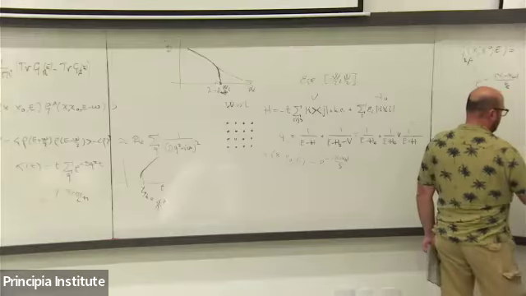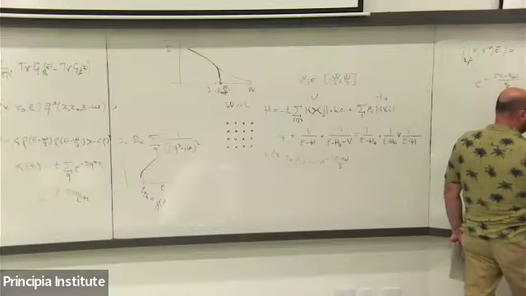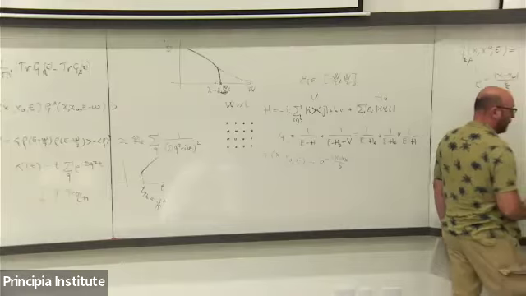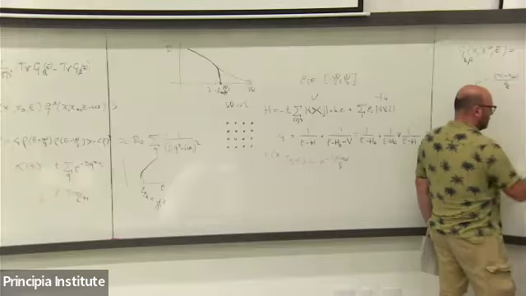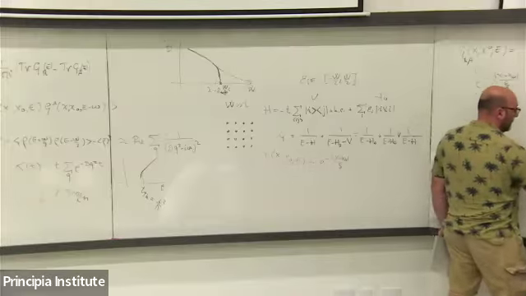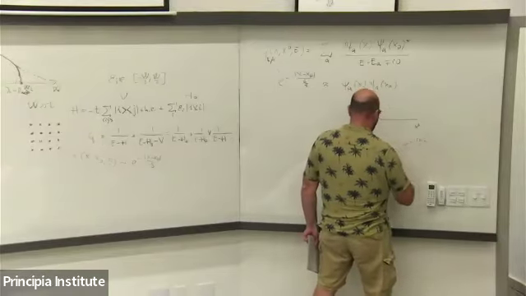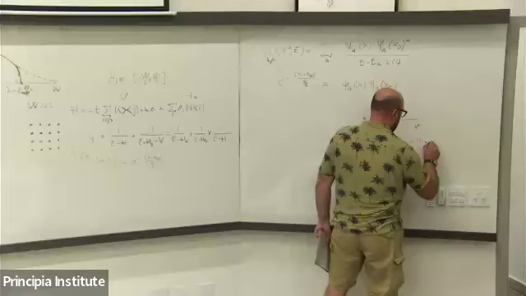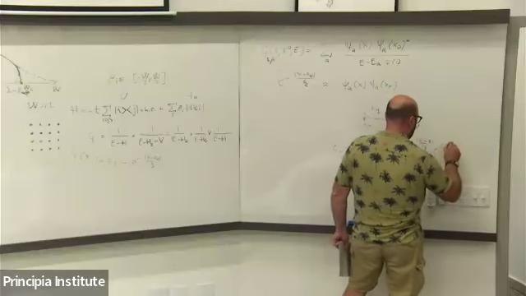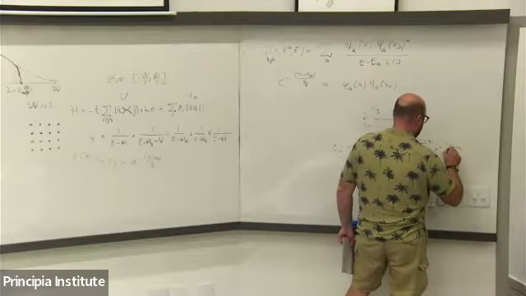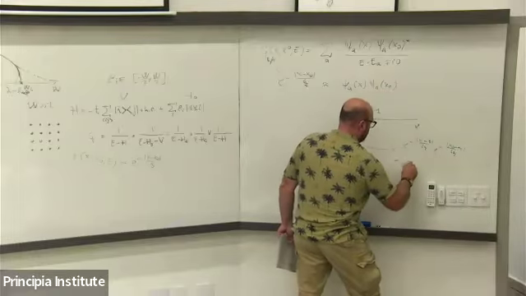But it could also be that somehow I excited an eigenstate which is somewhere in between x0 and x, but still I have an exponential tail here, an exponential tail here, and this is still exponentially small in the distance.